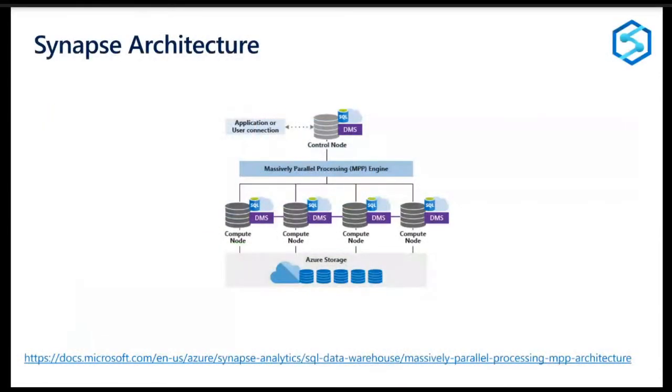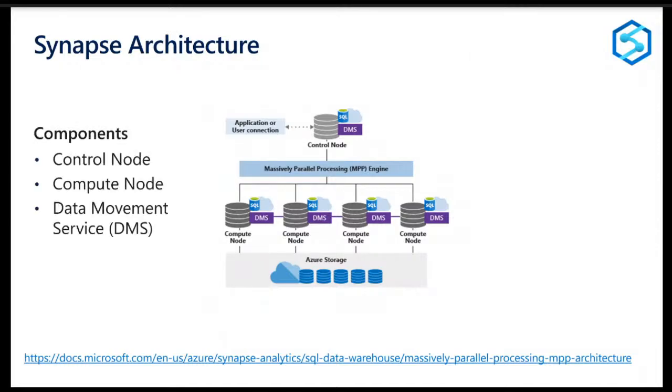When it comes to the SQL Data Warehouse or Synapse architecture, it follows a similar concept. It uses a control node, which the application or consumer connects to and fires the queries. Then there are compute nodes where the actual work happens, and the queries get distributed to these compute nodes.